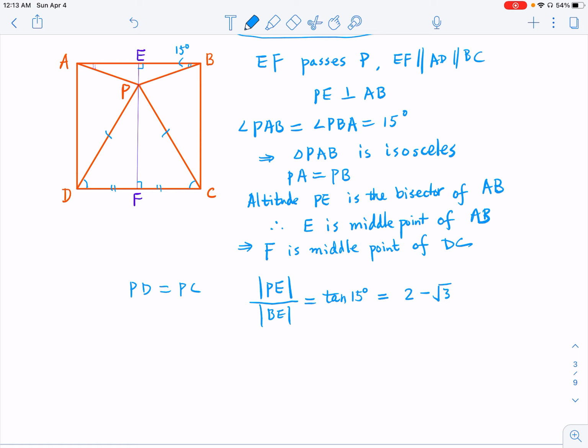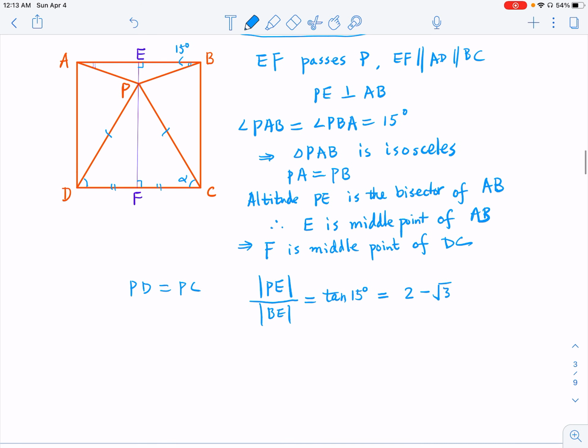Now we're going to try to find out the value. We call this angle alpha, and we want to show that alpha is 60 degrees. How do we show that? Let's figure out tangent alpha. Tangent alpha, by definition, is PF divided by FC.